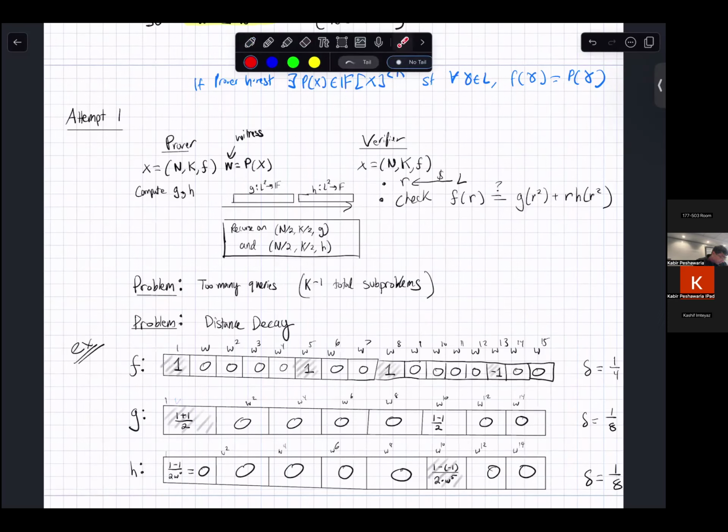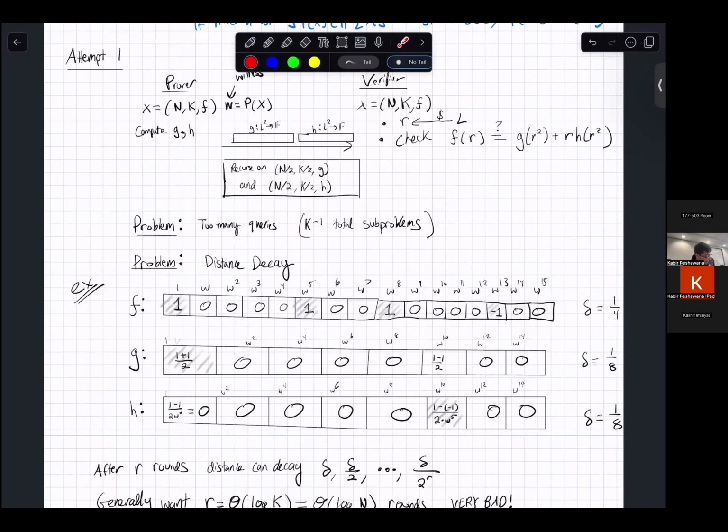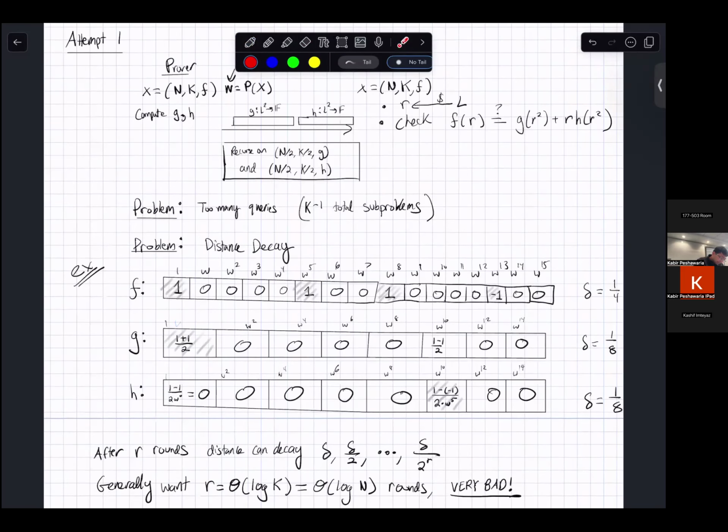The second problem, which is a much more serious problem, is one of distance decay. So suppose I started with this word F. Recall that Reed-Solomon is a linear code, therefore 0 is a valid codeword, all zeros.